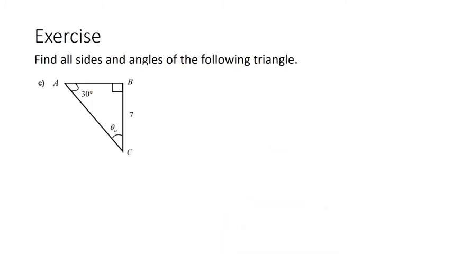So with the same method, in this exercise we want to find all the sides and also the angles of the following triangle. We look at here, we have theta, and the total value of the triangle is equal to 180. So to find theta A, we just minus 180 degree with 90 degree as well as minus 30 degree.